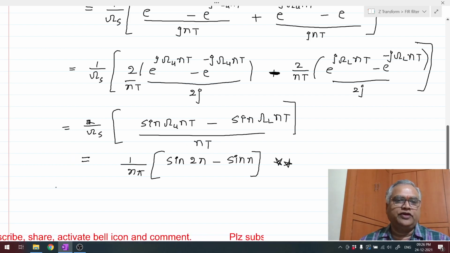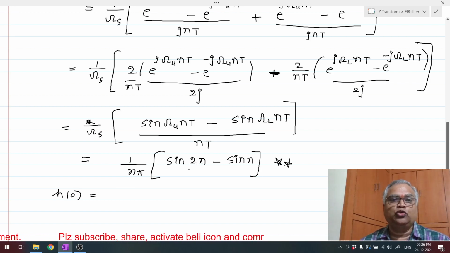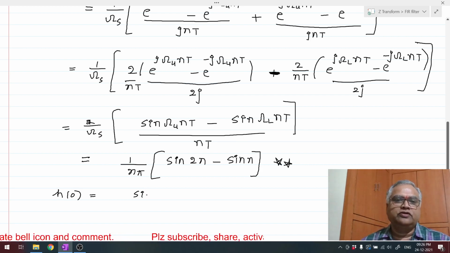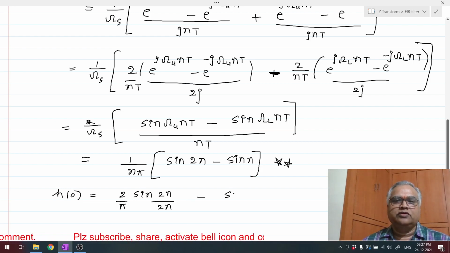Now once this is done, find out h of 0. To find h of 0 here, sine 2n by 2n format you are using. Sin x by x limit extends to 1. In the form of sin 2n, denominator also we want 2n, so 2 by pi, minus sin n, denominator already n, so 1 by pi.